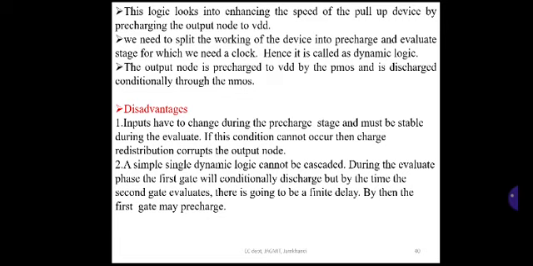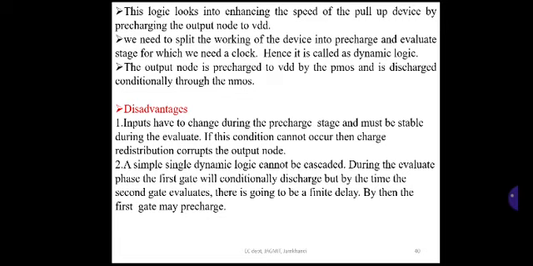Remember the other operation. The first operation is the precharge phase, in which clock is equal to 0, so Z is equal to 1. In the other operation, when clock is equal to 1, this is called the evaluate phase. Whenever clock is equal to 1, the requirement is that the inputs of the N logic should not be changed.